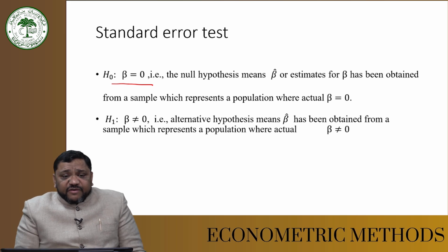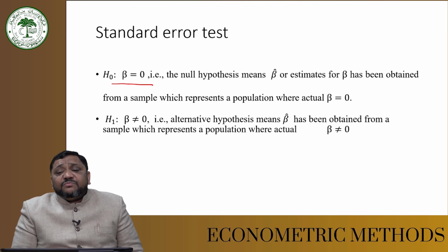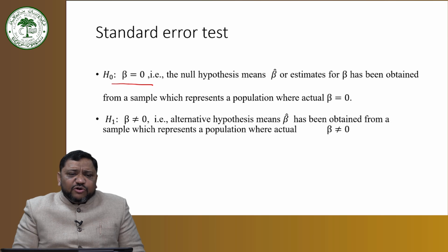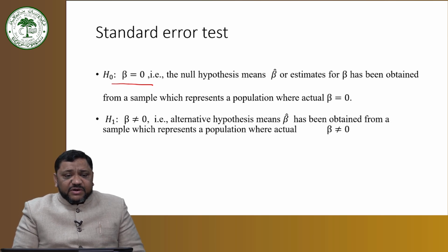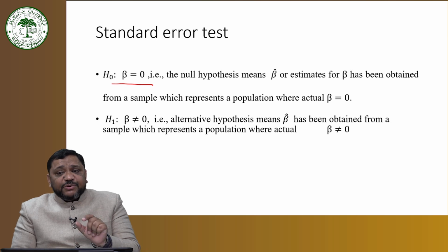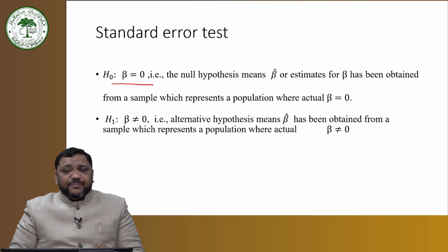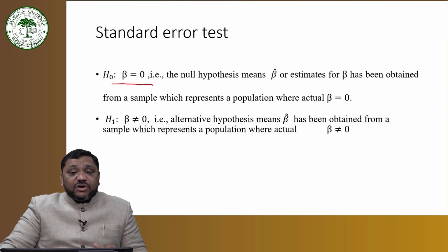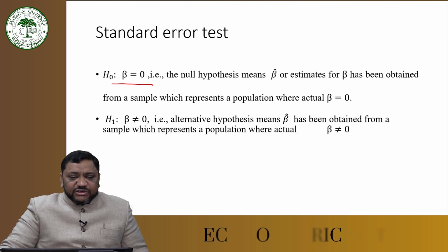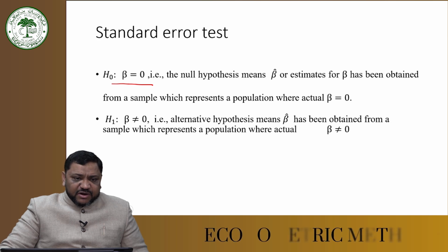That is why I gave the example that suppose beta hat is equal to 0.5, and the alternate hypothesis, that beta is not equal to 0, is accepted. It means our estimate has been obtained from such a sample where beta is equal to 0.5 and not equal to 0. If beta is equal to 0, it means there is no relationship between the independent and the dependent variable.